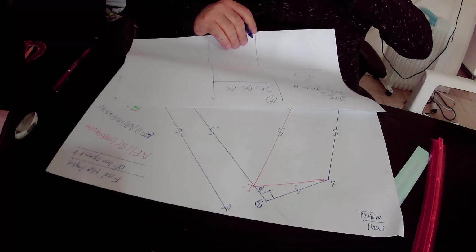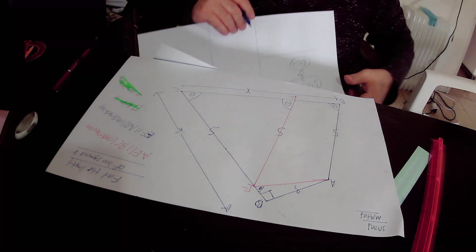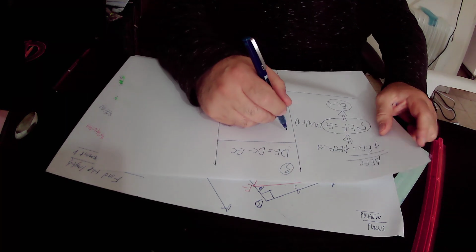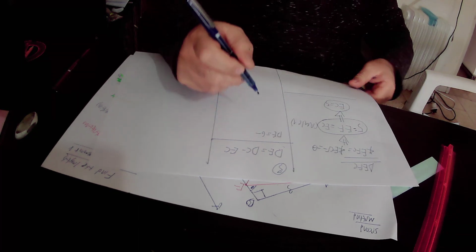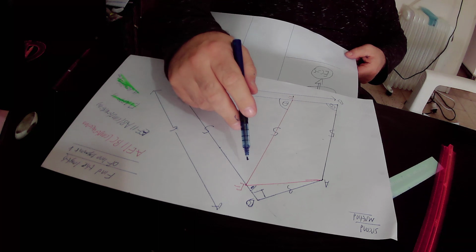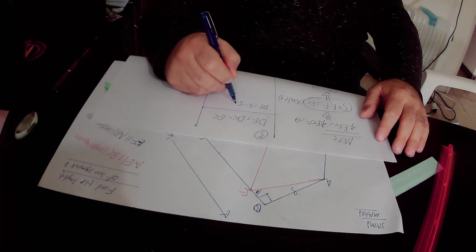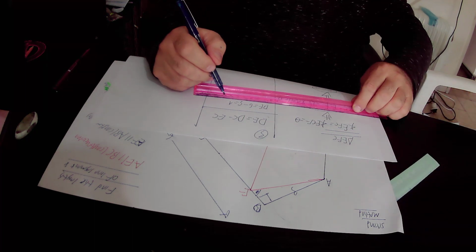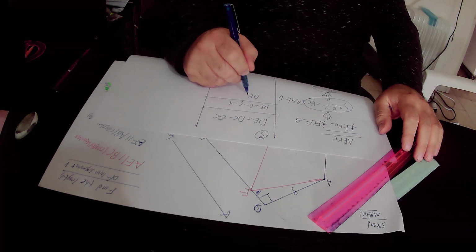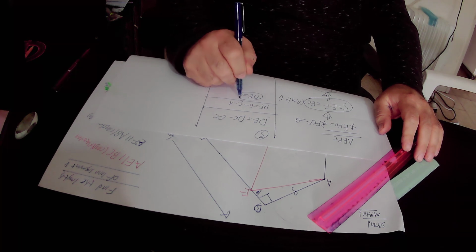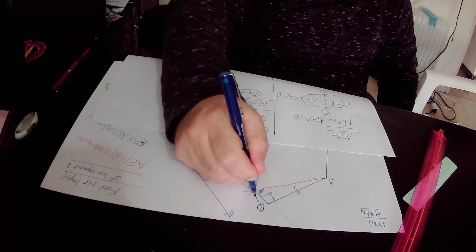So here DE equals DC, that is 6 units according to what is given in the question, minus EC, that we have already found out is equal to 5 units. So it is 6 minus 5, that is 1. So we found out that DE equals 1 unit. You can write here that DE equals 1 unit.